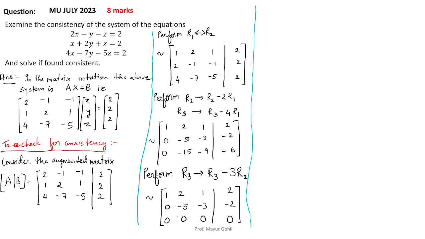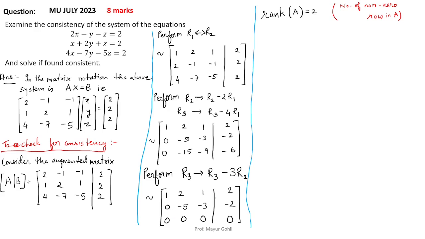This is the row echelon form, and the rank of A over here is 2, because as I said, we are working for row echelon form, so the definition is the number of non-zero rows in A. Same is the definition for the rank of AB, the number of non-zero rows in AB.